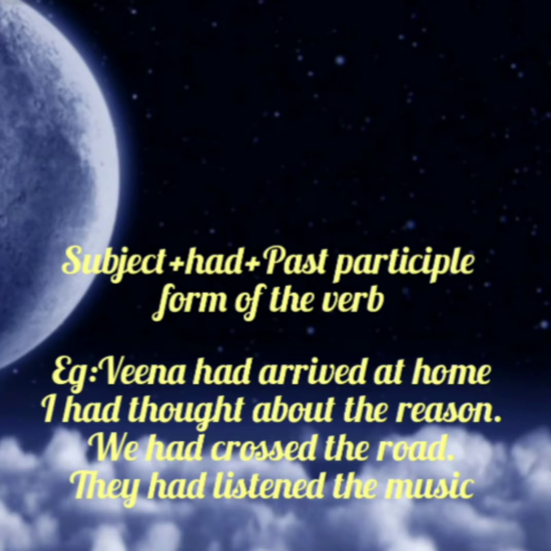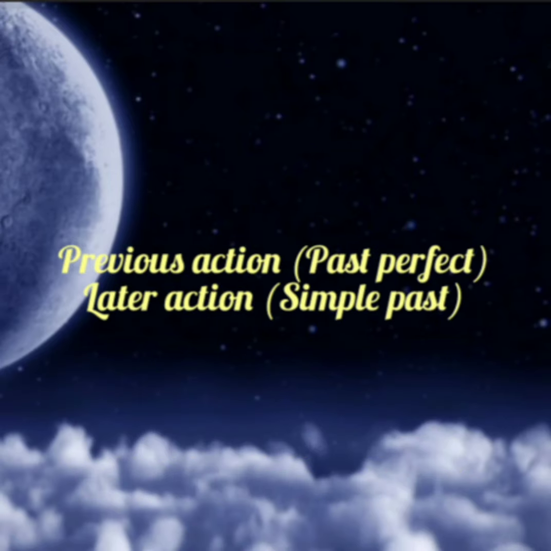Here used the subject Veena and also used the auxiliary verb had and past participle form to the verb. Previous action we can write in past perfect and later action we can write in simple past.